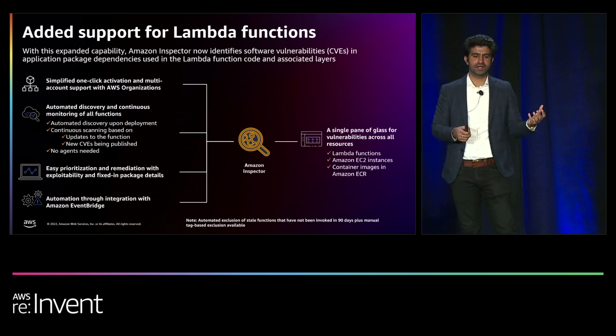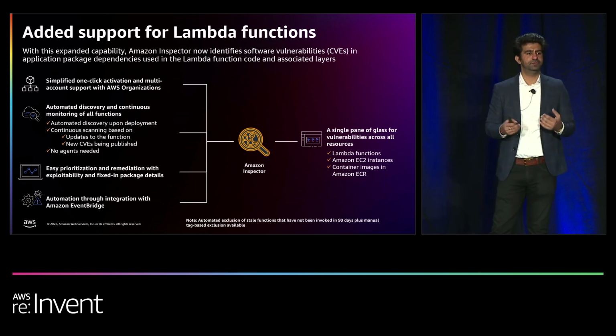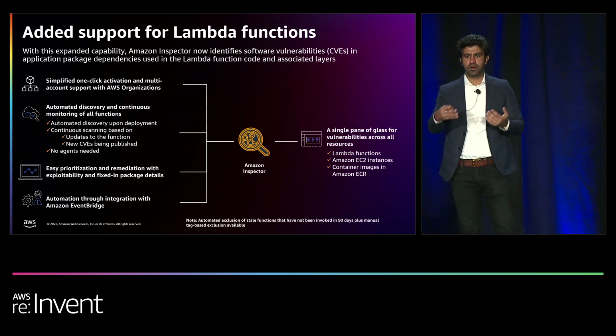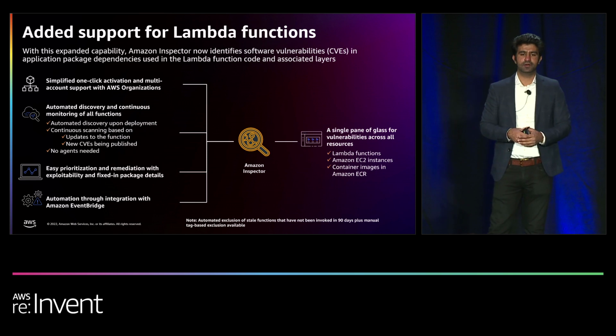With that, as soon as they click that, we will go and discover Lambda functions that exist in their accounts across all the accounts within their organization, and we will automatically start discovering them. As soon as they are discovered, we will automatically scan them for software vulnerabilities.